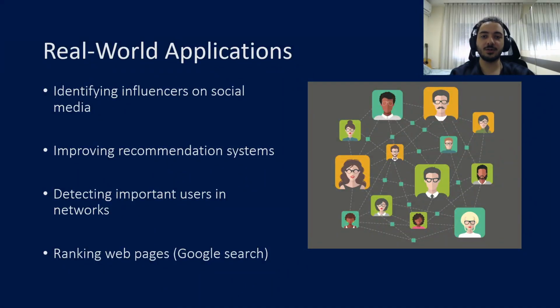PageRank and similar algorithms have many real-world applications. They are used to identify influencers in social media, as we've seen, which helps companies target the right users for marketing campaigns. They improve recommendation systems by identifying important users and content.